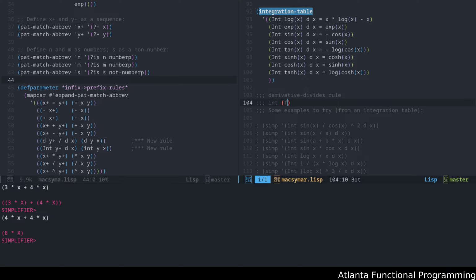I'm going to use capital INT to represent integral, just like Dr. Norvig is using. Okay. And the integral of f of x dx is equal to the integral of f of u du by dx.